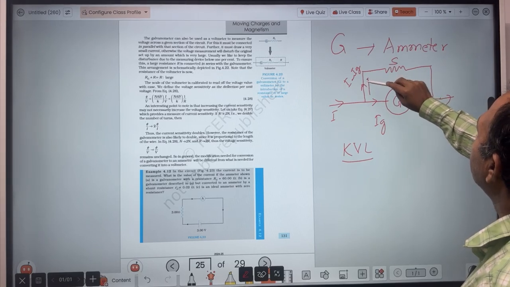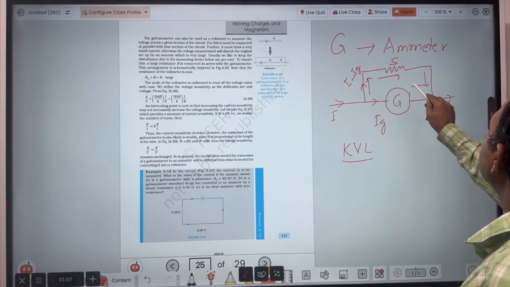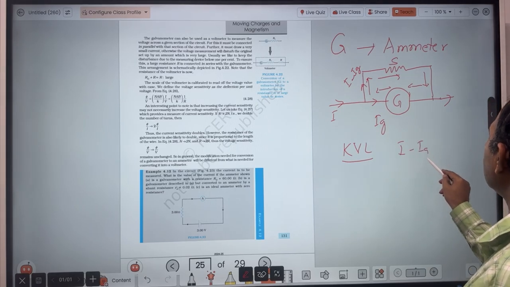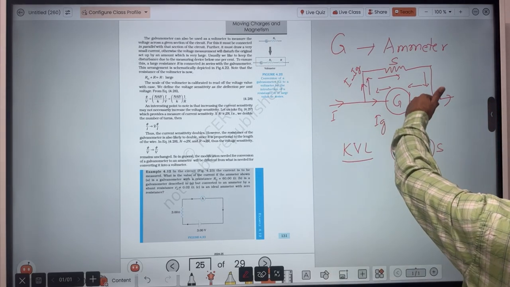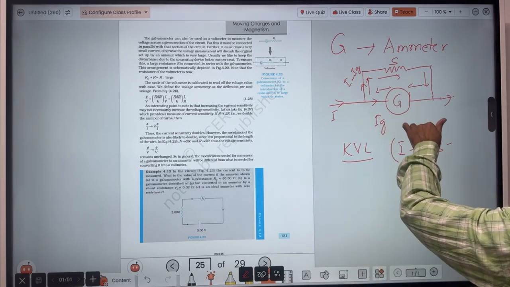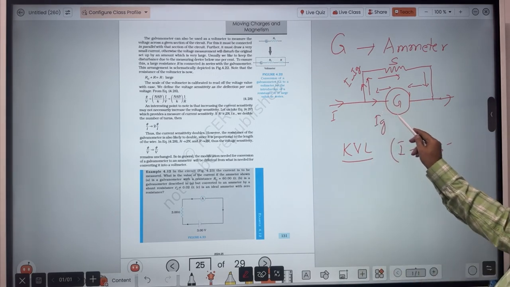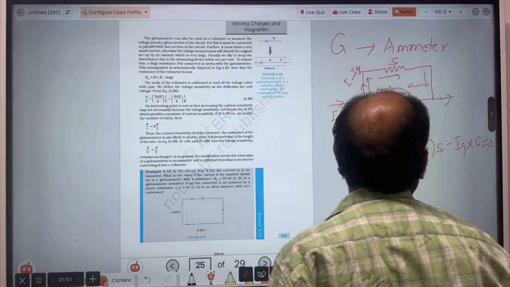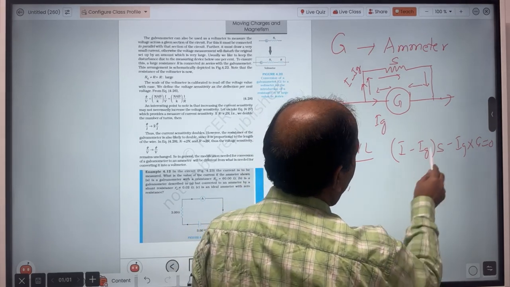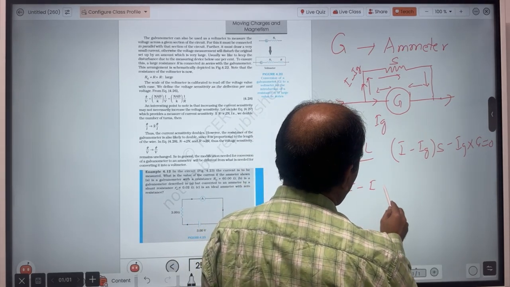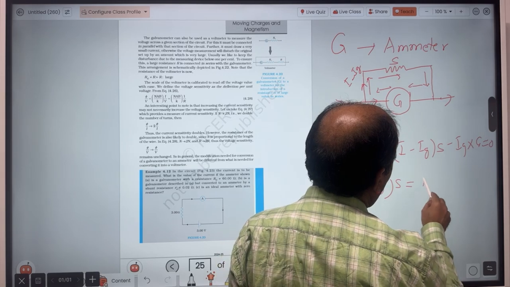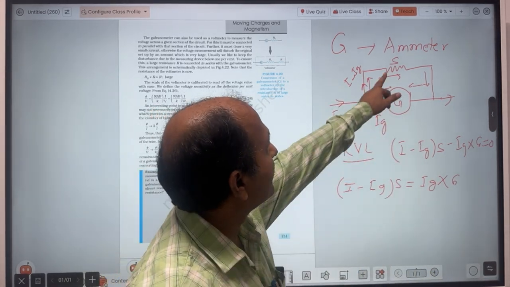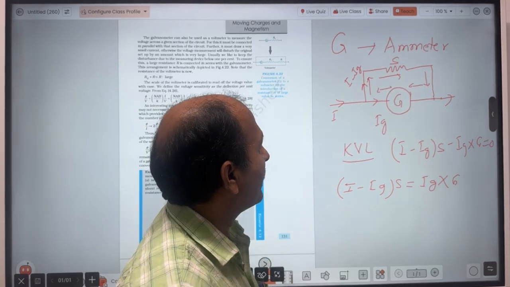Now if we apply KVL, Kirchhoff's voltage law, moving in this direction, we get (I minus Ig) multiplied by S minus the resistance of the galvanometer, taken as G, carrying current Ig, so Ig times G, equal to 0. Or (I minus Ig) times S is equal to Ig times G. Our concern is to find the shunt resistance, the resistance used in parallel.